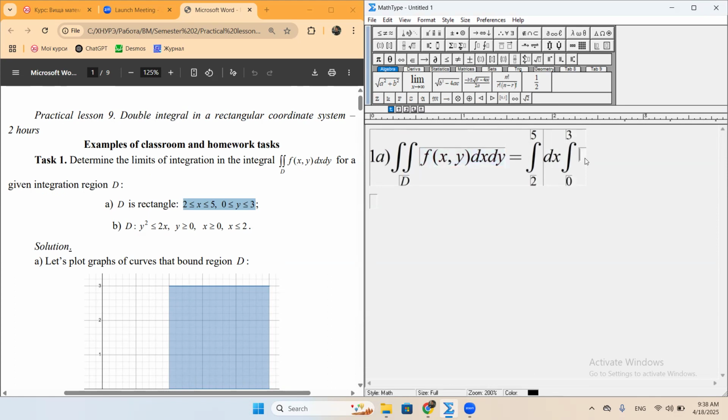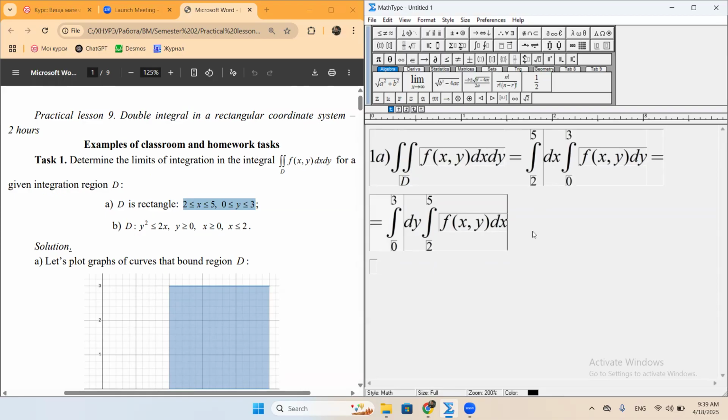In this case, we can turn over the limits of integration, so we can invert them. We can integrate first by y, so the inner integral by y and the outer integral by x. We can change it for the rectangular region.